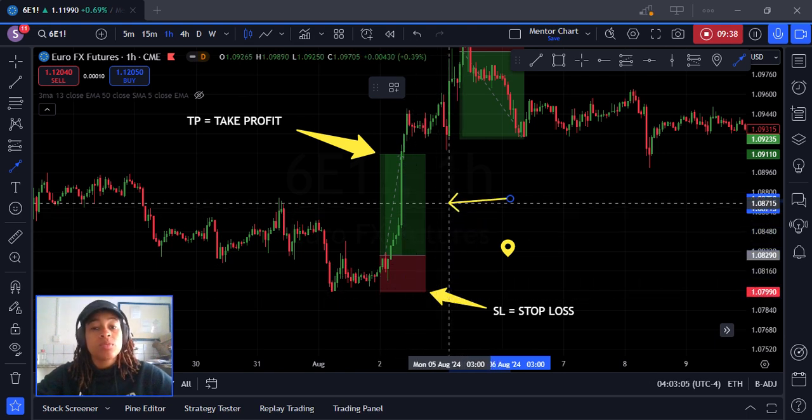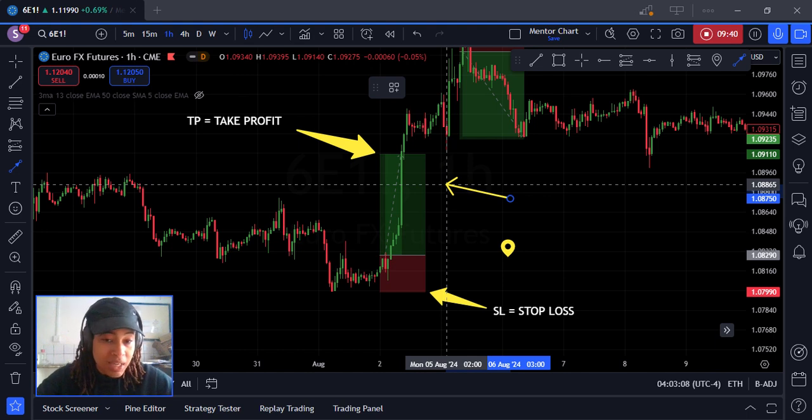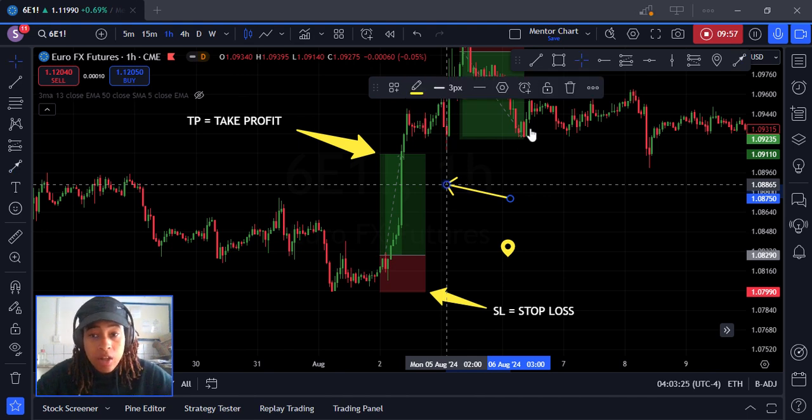Someone would say, for example, my TP hit. That means they took profit, they won the trade, they made some money. Now, if someone says, man, my stop loss hit, that means they lost money and they are out of the trade, but they lost.